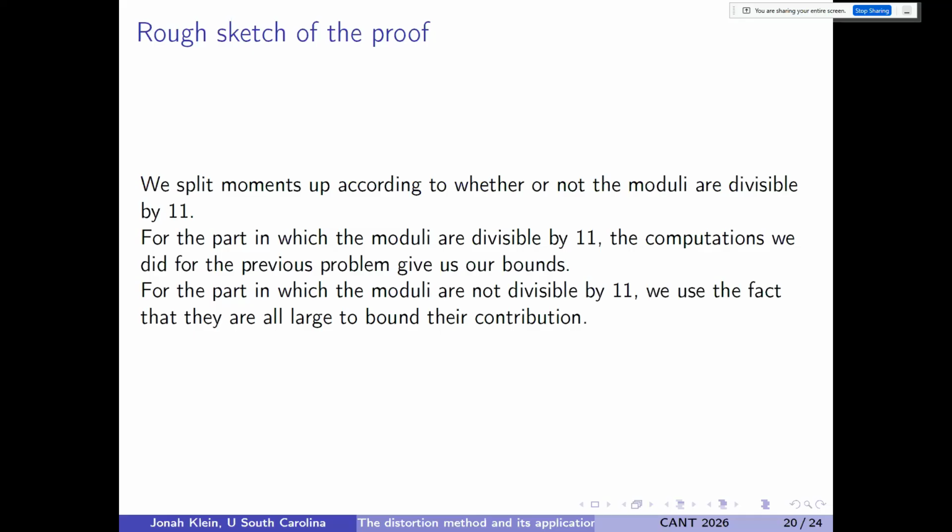And so we can actually do some type of minimum modulus type computations, because we know that all the moduli in that part are very large. Now I'm sweeping a lot of things under the rug here, because in particular, second moments are not linear. You can't just split them up according to the moduli depending on what divides what. But that's essentially the idea behind how we get such a result with a lot of messy computations.